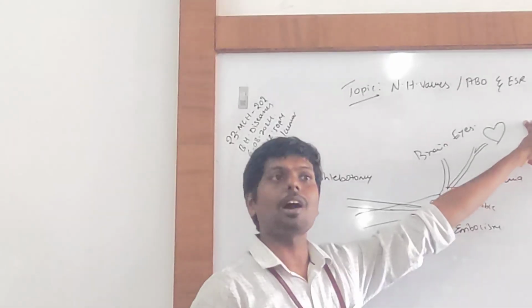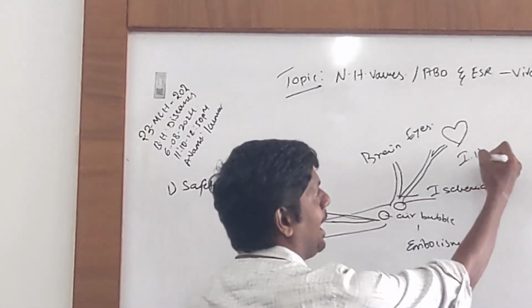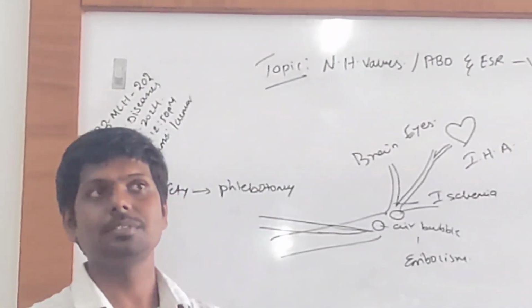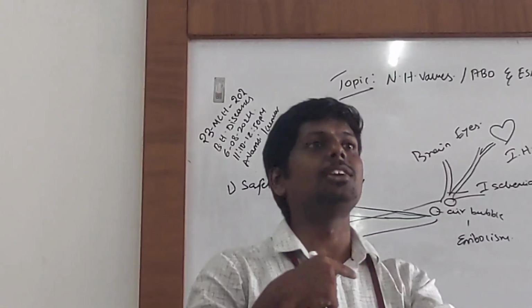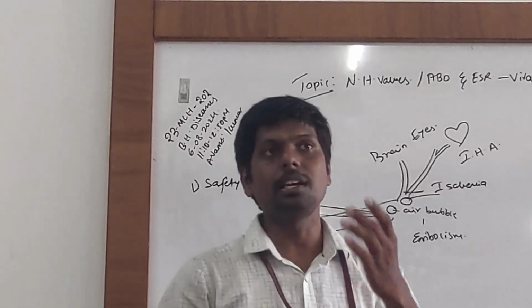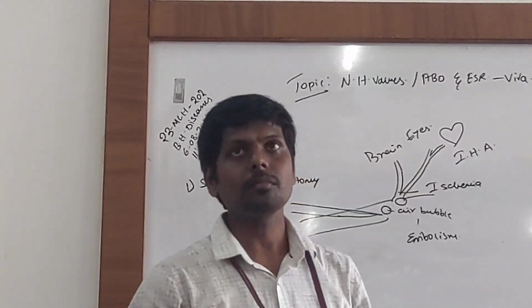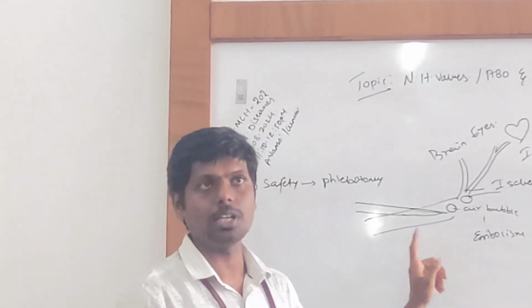If the tissue is the heart, then that is called an ischemic heart attack. See, a simple air bubble in the blood vessel can lead to a heart attack, or it can lead to coma, or it can lead to blindness. So you need to be very cautious when you are doing phlebotomy.